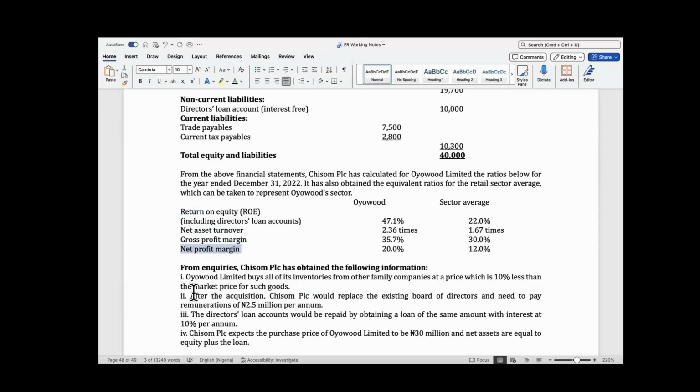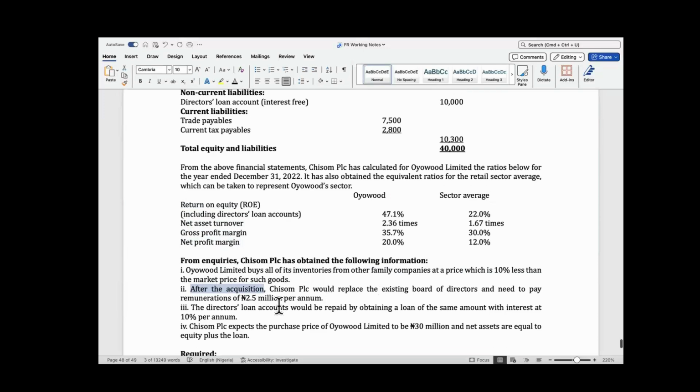Okay. So then I said after the acquisition, Shisom would replace the existing board of directors and need to pay remuneration of 2.5 million per annum.